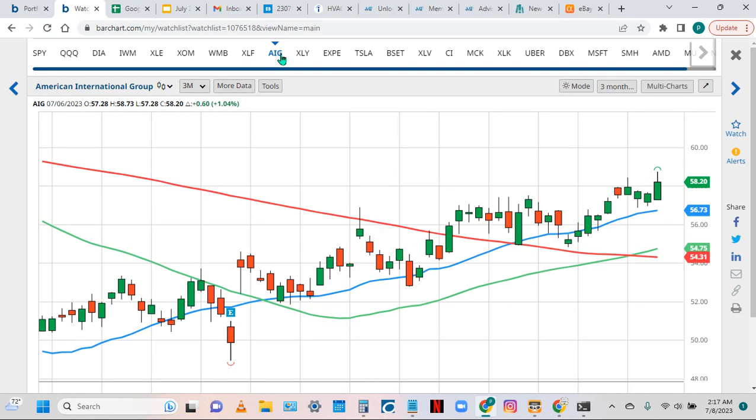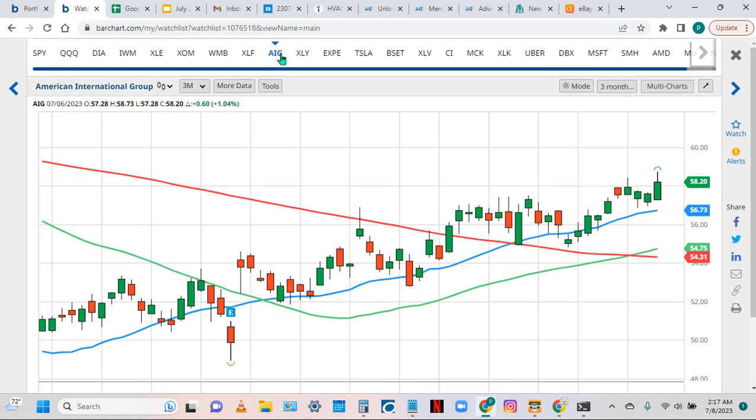So let's take a look at a company within financials. Let's take a look at American International Group, symbol AIG. Again, you can see the long-term price average is down, but the near-term moving averages are up, and it looks like price is following that 20-period moving average.